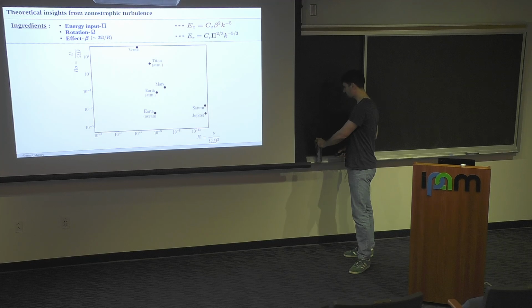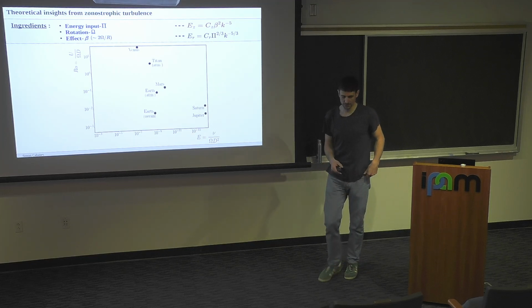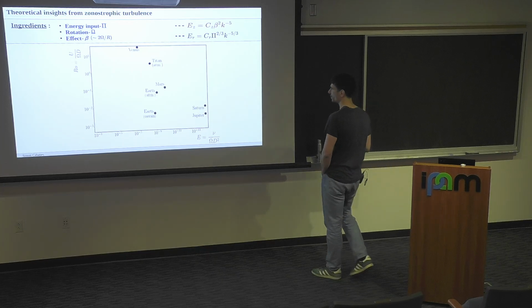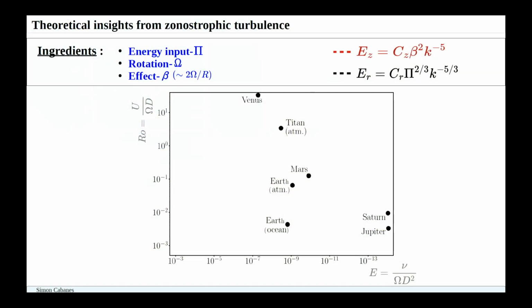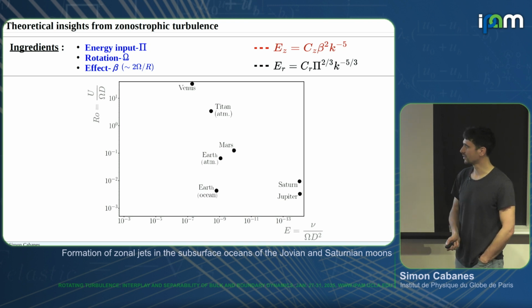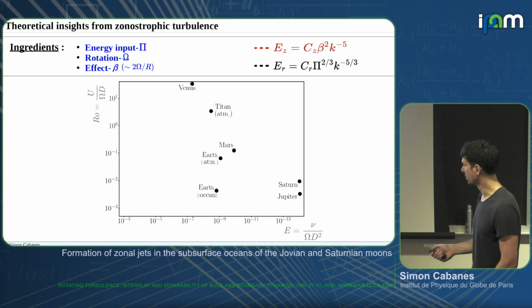Okay, so let's investigate the possibility to have this scaling in the subsurface ocean. So here, I would like to first introduce a Rossby versus Ekman diagram, so inertia over Coriolis and viscous forces over Coriolis. And I also report and locate the different planetary atmospheres on that diagram.